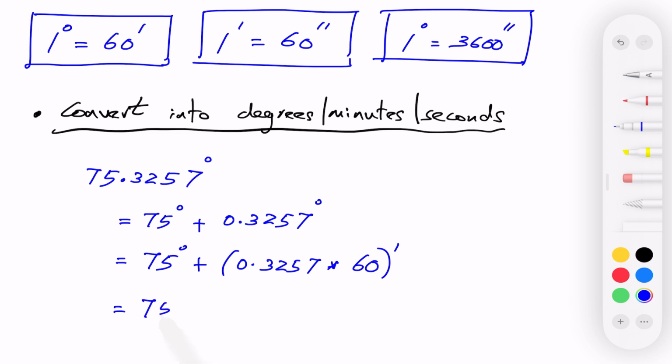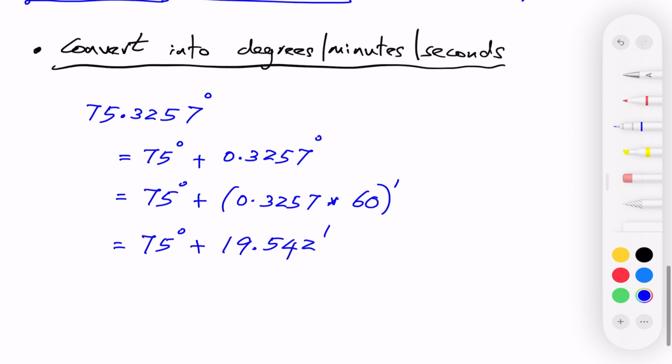We have 75 degrees plus, when you multiply 0.3257 by 60, you get 19.542 minutes. Now this means we have 75 degrees plus 19 minutes plus 0.542 minutes.